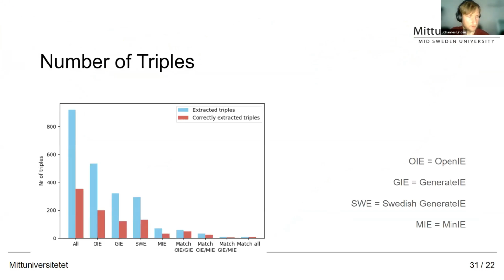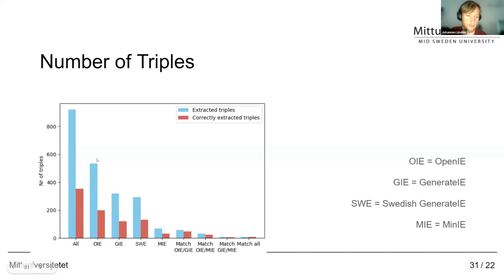If we're looking at the manually labeled evaluation, we can see that if we combine all the triples for all the algorithms, it's around 900 or 1,000 triples in total, whereas a bit less than 400, maybe 300, triples have been correctly extracted if you combine them all.